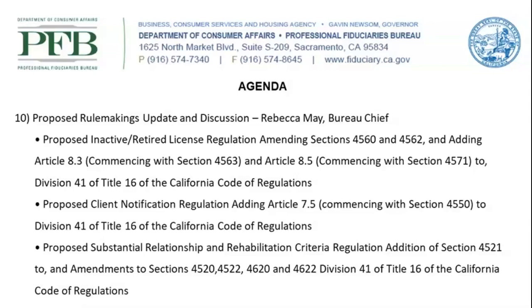So this regulation is in its final few weeks of the process. It has been filed with the Office of Administrative Law. Bureau staff is working with the department's legal division to file our final statement of reasons with the Office of Administrative Law. And the language for this regulation can be found on the Bureau's website if you'd like to review it further.